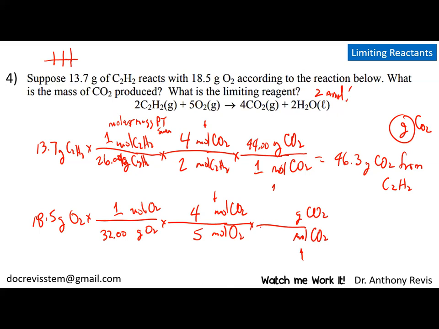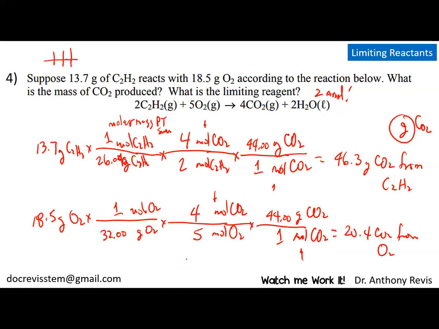The molar mass of this, we already had it somewhere. Yep, 44.00 grams per every 1 mole. If we punch this number through, we get 20.4 grams of CO2 from O2.